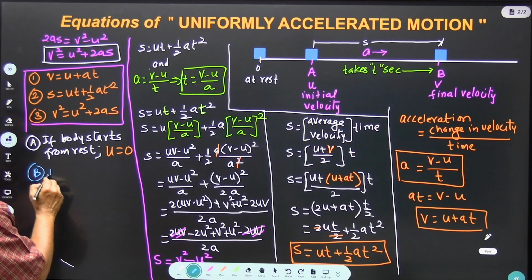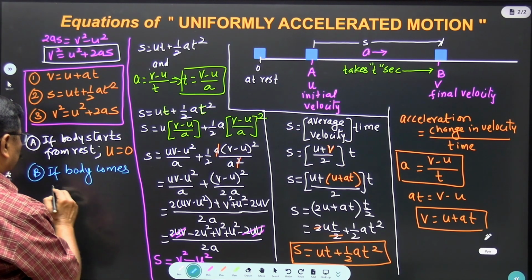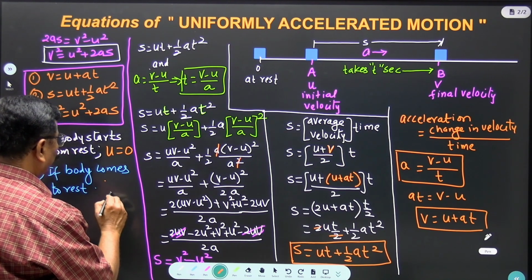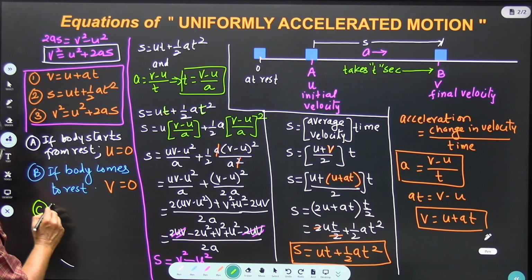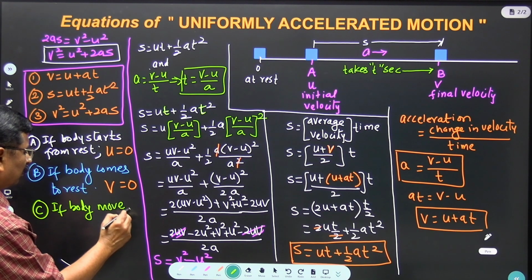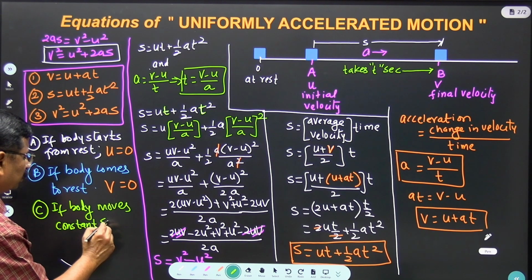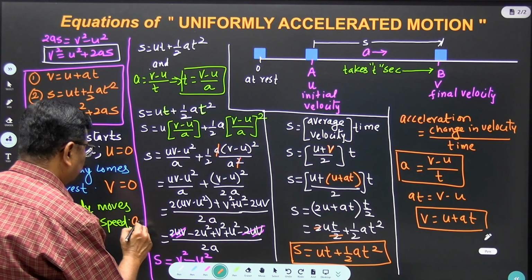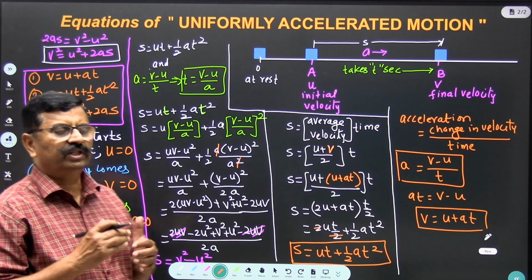Second, if body comes to rest, then take v is equal to 0. Third, if body moves with constant speed or constant velocity, take a is equal to 0. So this will be very much helpful while solving the problem.